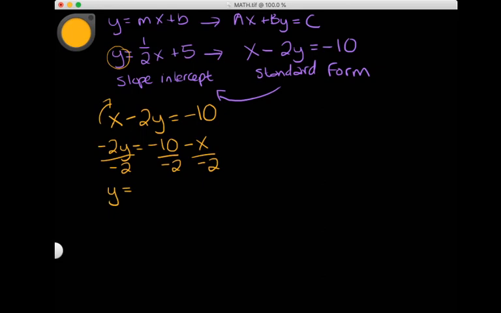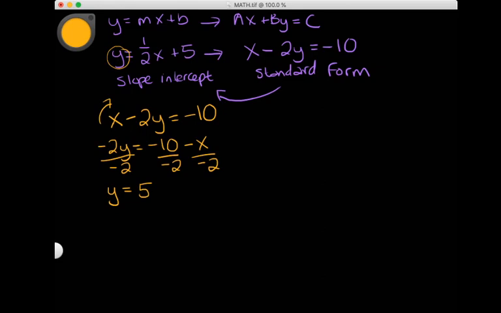On the other side, I have negative 10 divided by negative 2. Well, 2 goes into 10 5 times, and the two negatives will cancel each other out, so I'm left with 5. Now I have negative x over negative 2. Well, remember, this is a negative 1x.